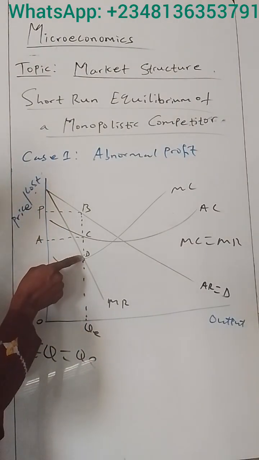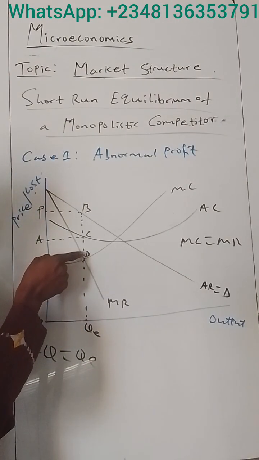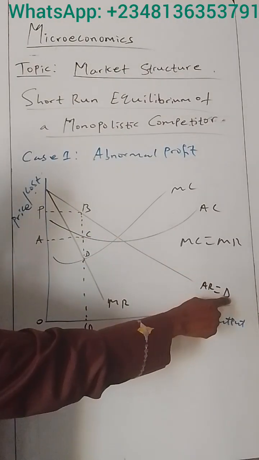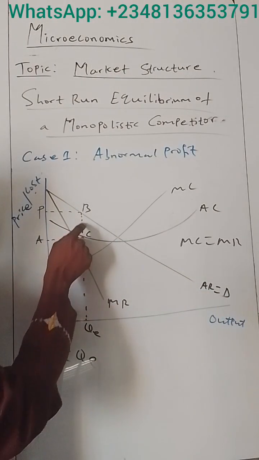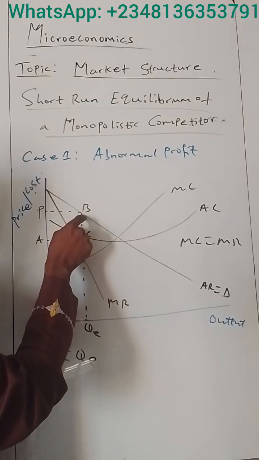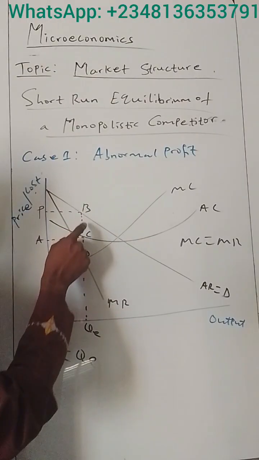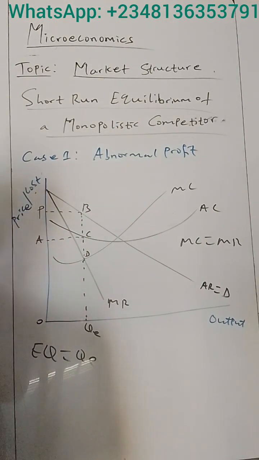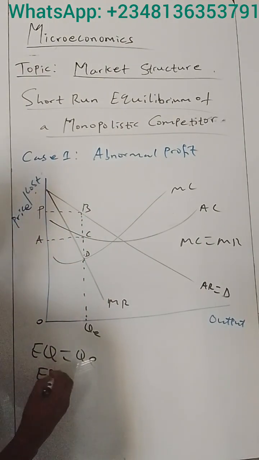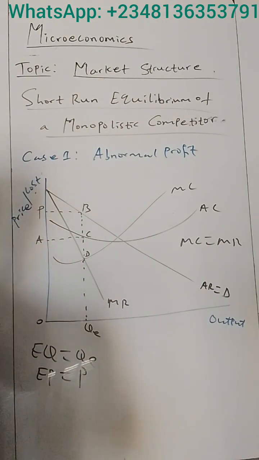The price: we trace it up from equilibrium until it touches the demand curve at point B. Then we trace to the price axis here and name it P. So the equilibrium price here is equal to P.